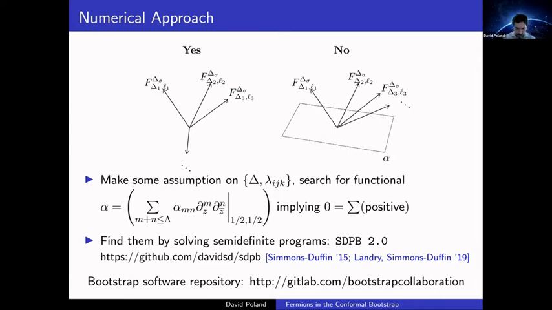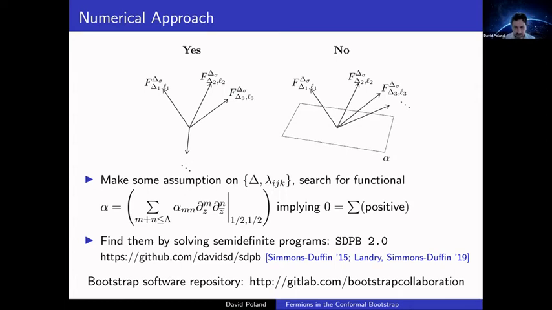There's also a whole Bootstrap software repository, which contains various tools for setting up Bootstrap problems, computing the conformal blocks that enter them, and analyzing the results. So it's not too hard for someone new to jump into this game now.